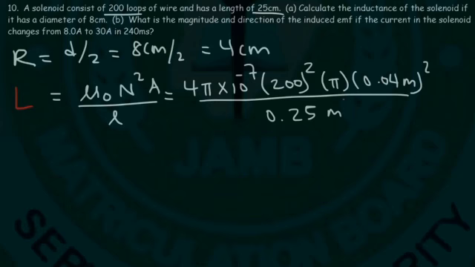So let's go ahead and type this in. So this will give you an inductance of 1.01 times 10 to the minus 3 henries. Now this is equivalent to 1.01 millihenries.